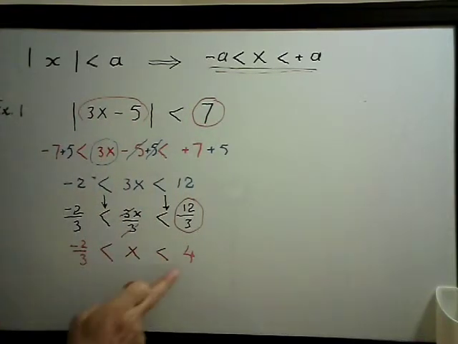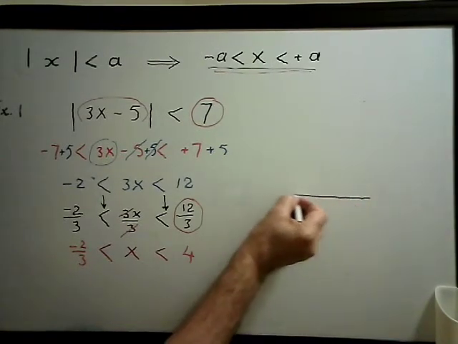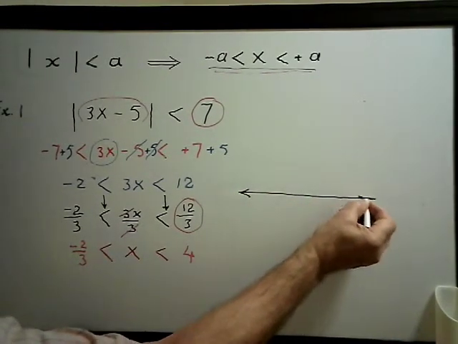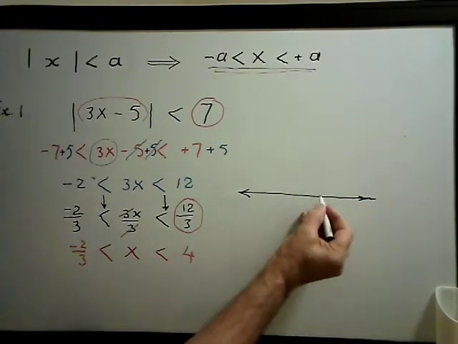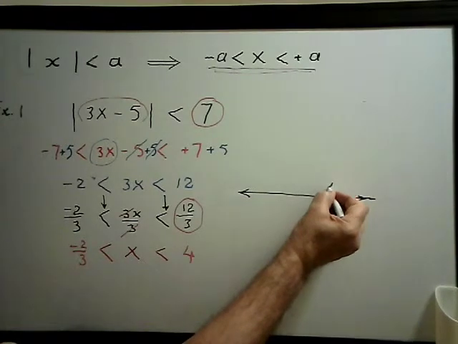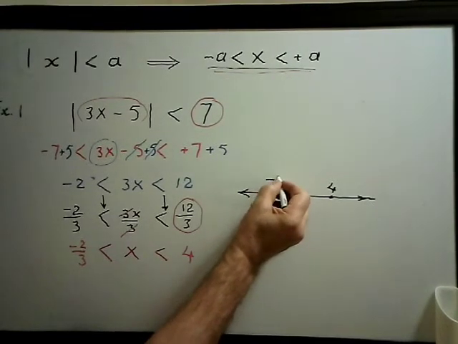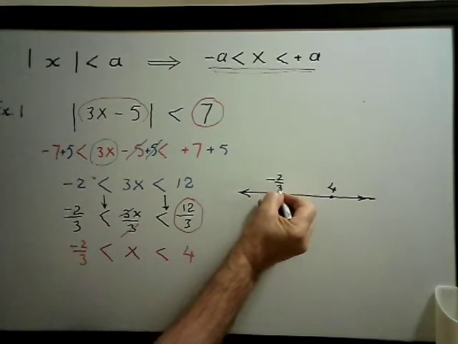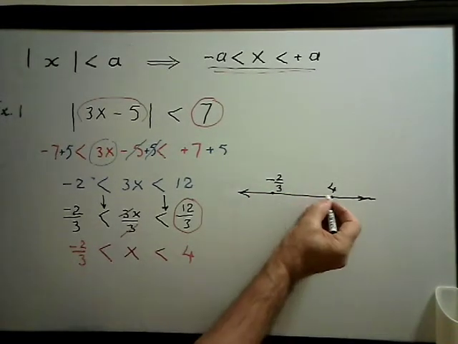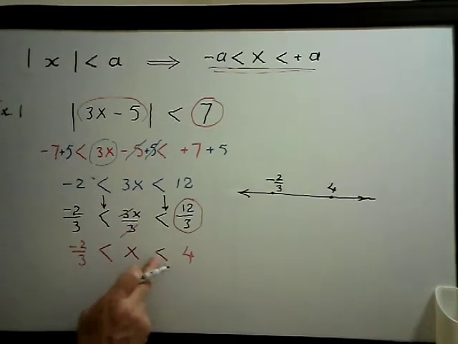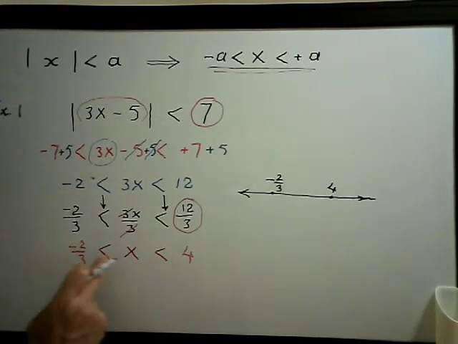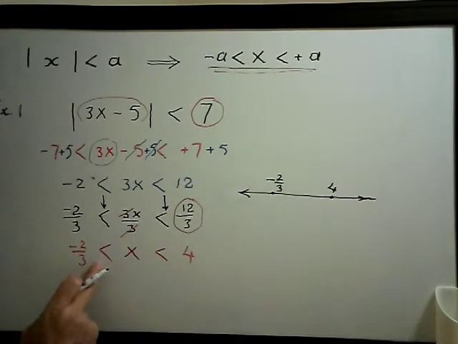You see here the solution is an interval, which means on the real number line, if we put a point here like number 4, and number negative 2 over 3 here, the interval will be open in both directions because there is no equal sign under the inequality sign.